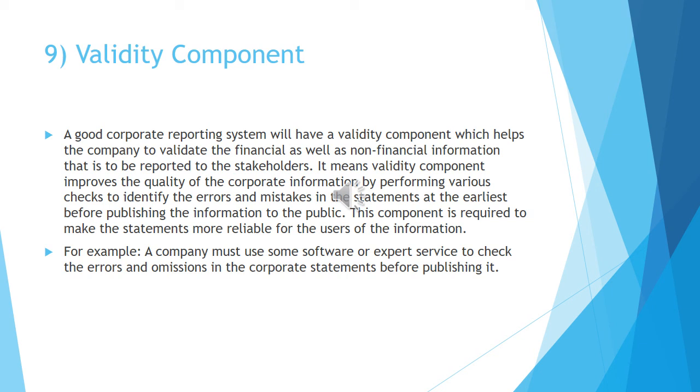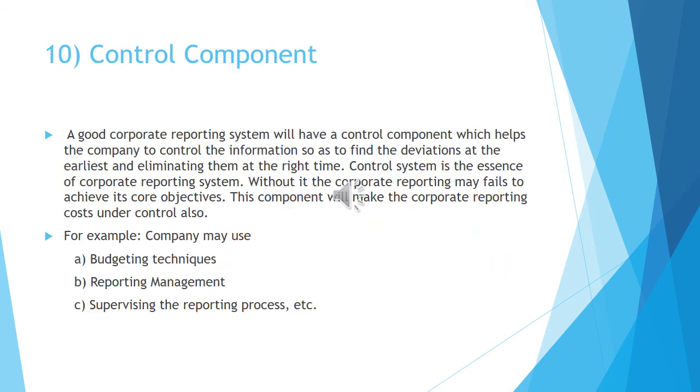This component is required to make the statement more reliable for users of the information. For example, a company must use some software or expert service to check the errors or omissions in the corporate statement before publishing it.